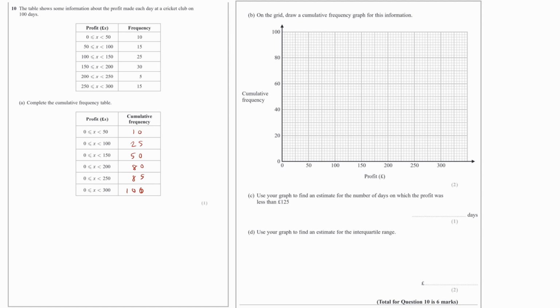So 50, 10. 100, 25. 150, 50. 200, 80. Then 250, 85. And then 300, 100.